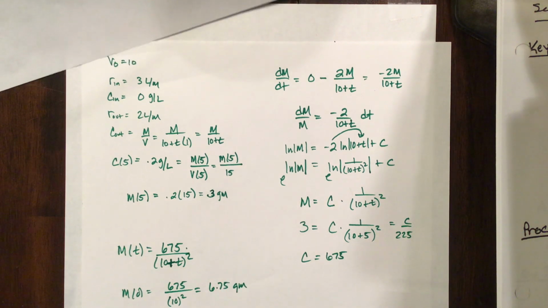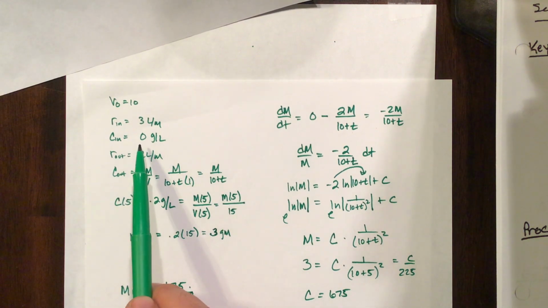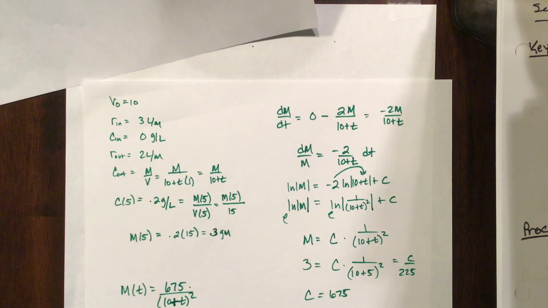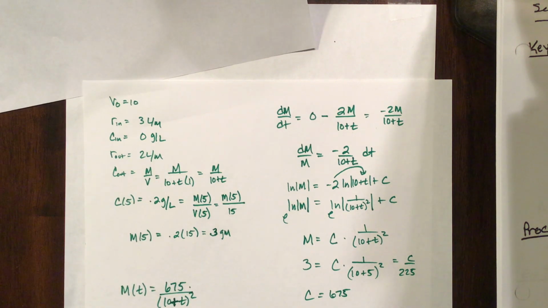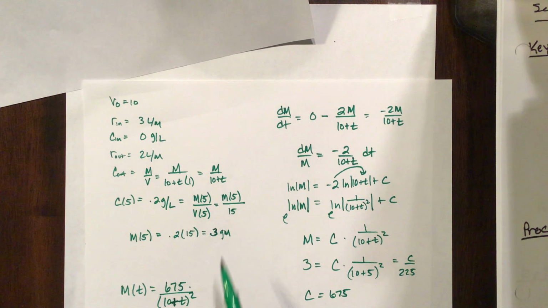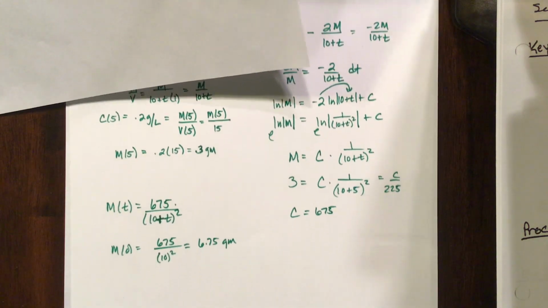Does that make sense given the fact that there's just pure water going in? So yeah, of course. After 5 minutes, if we're putting in just pure water and we're pumping out the salty water that's in the tank, of course there's going to be less salt after 5 minutes than originally. All right. Part B.